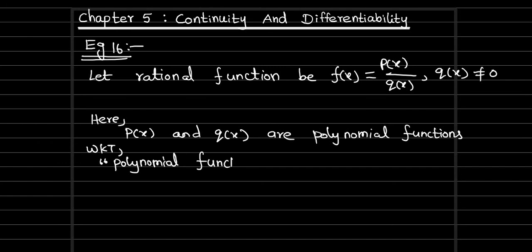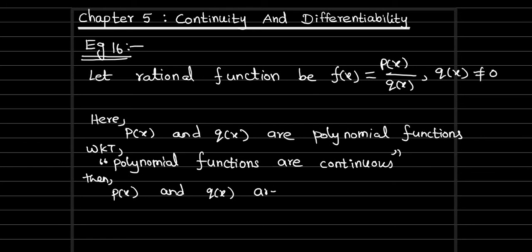We know that polynomial functions are continuous. If polynomial functions are continuous, then definitely p of x and q of x are also continuous. And in the algebra of continuous functions we have learned that if two continuous functions are in the form of f by g, then the result is also continuous. Using that, we are going to say f of x is continuous.